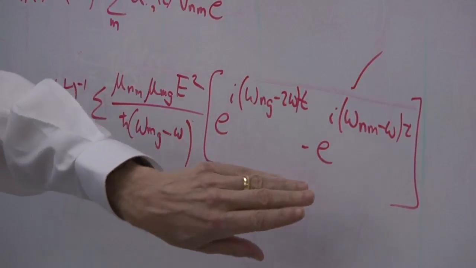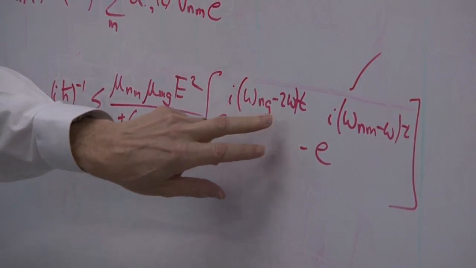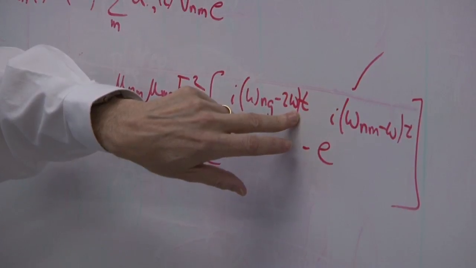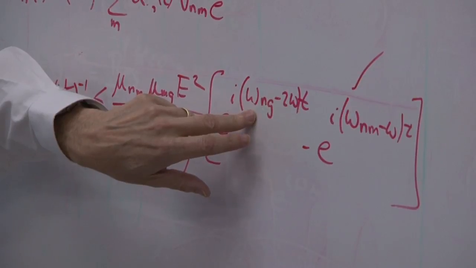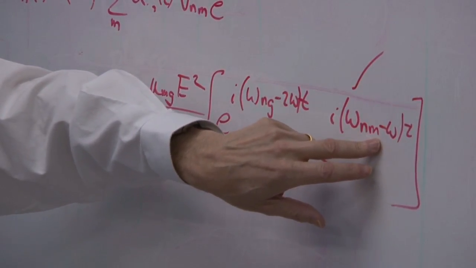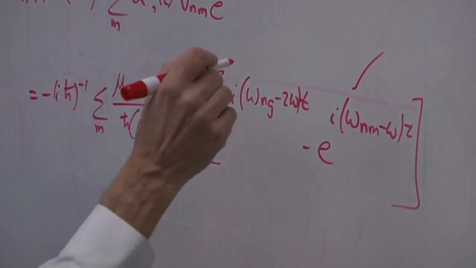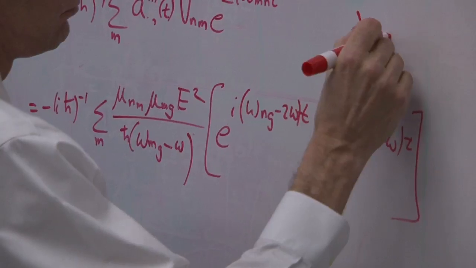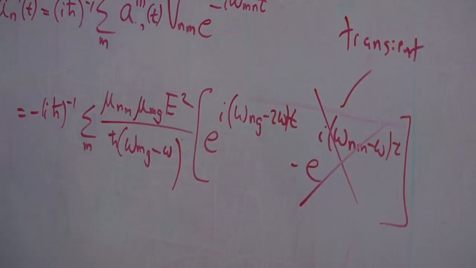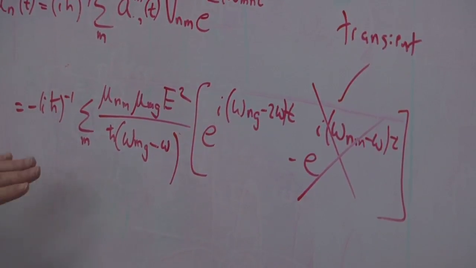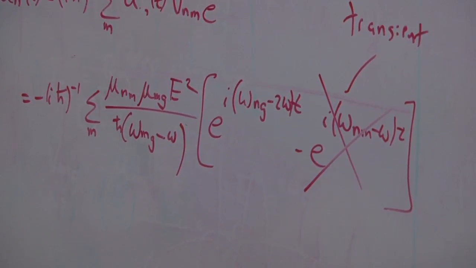Now, we have two terms, first term and a second term. This term here describes two-photon absorption. The energy of two photons, twice omega, would make a transition from the ground state to level n. This term here is not two-photon absorption. It's some sort of transient. It does not lead to two-photon absorption, so we will ignore this term. Now, we have just this term here, and again, we can immediately integrate this equation.